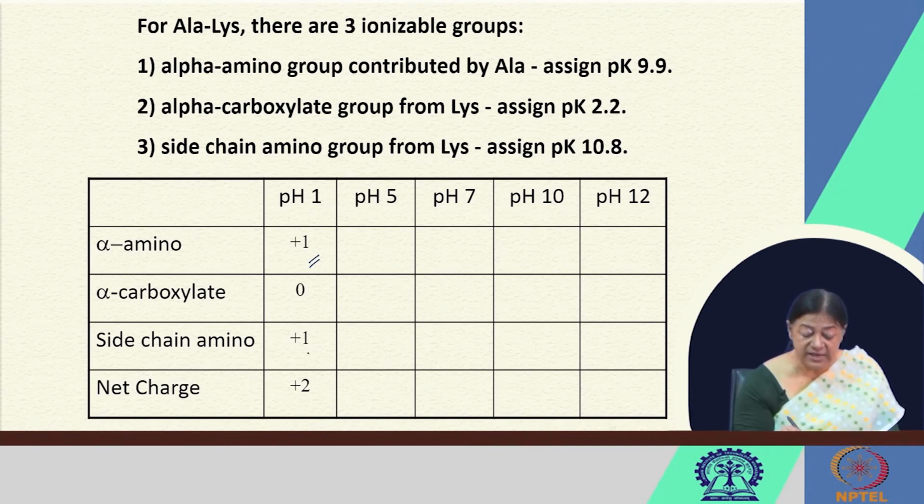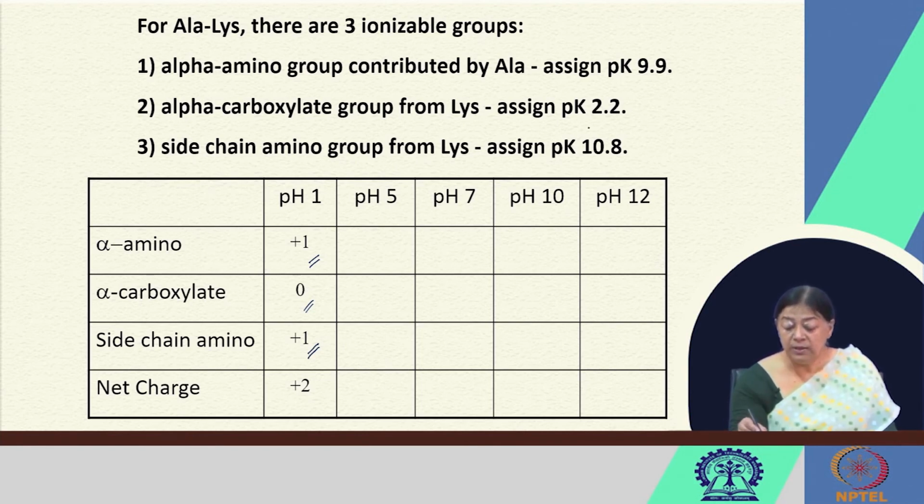We have the side chain +1 because of the NH3 plus on the lysine side chain, and this has a charge of 0 because it is still COOH. Now, as the titration continues, as soon as we cross 2.2, we will lose the carboxylate proton. The COOH is going to become COO minus.